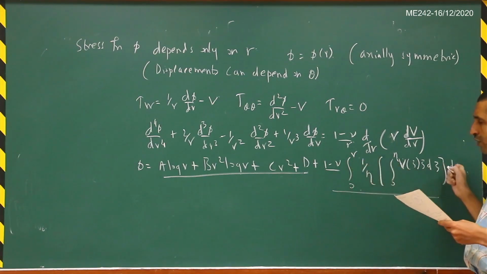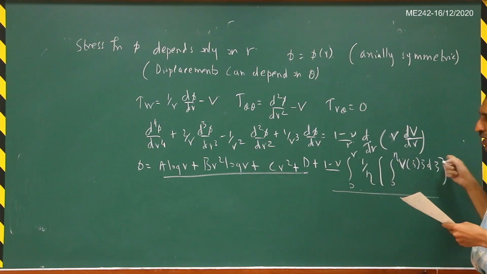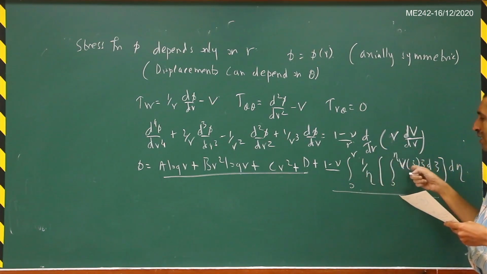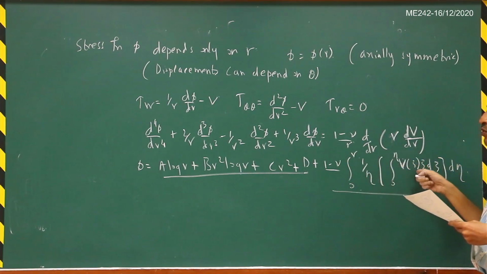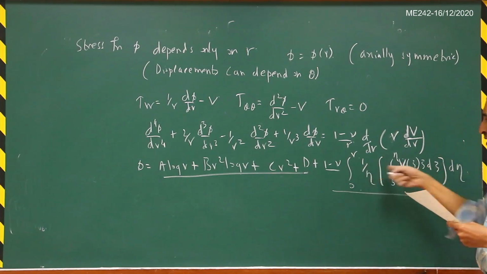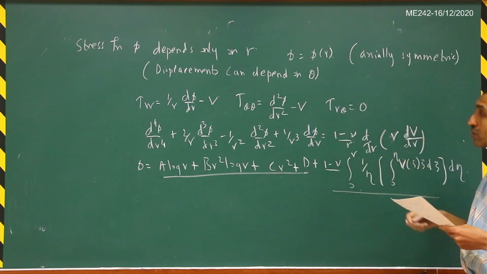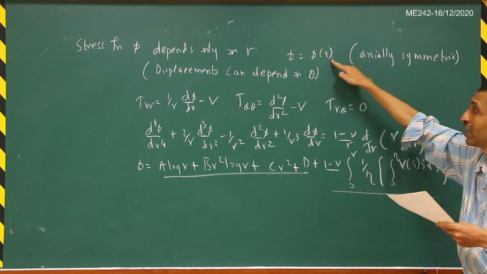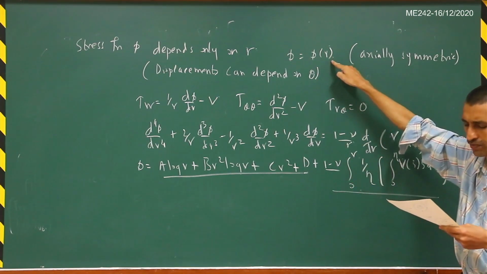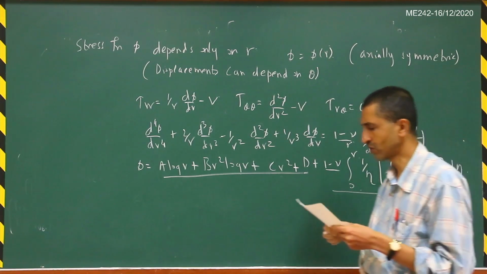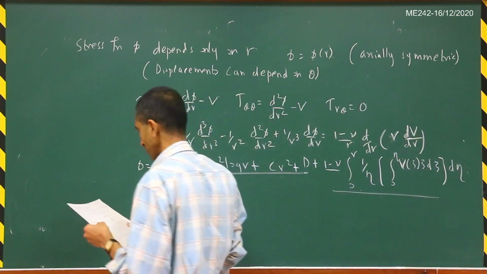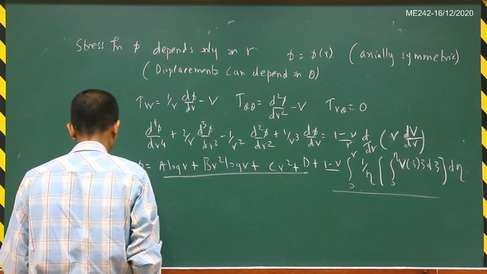This will give you a function of r again, and that is the contribution due to the body force. So this is the general solution of phi for the situation where phi is a function of r alone. Now you can derive the stress components.